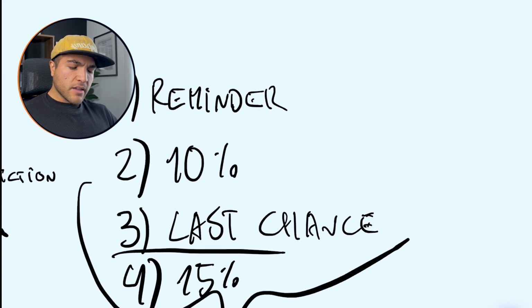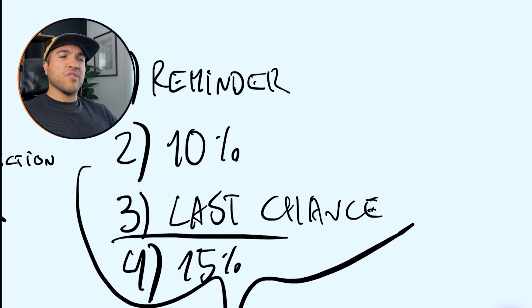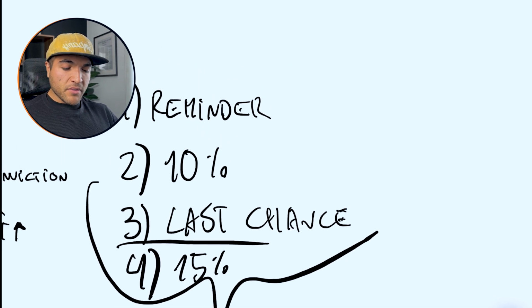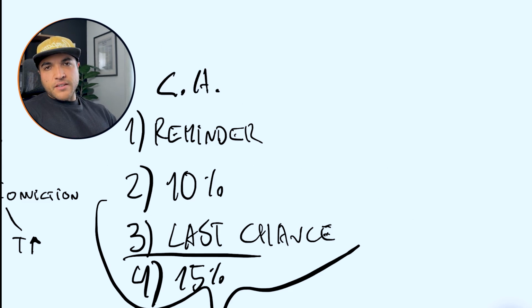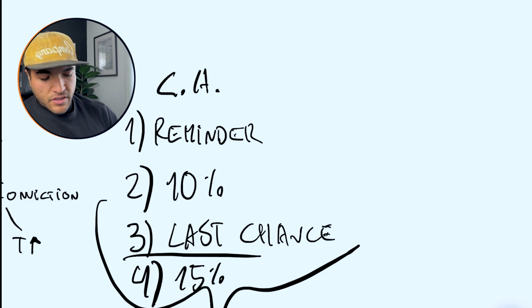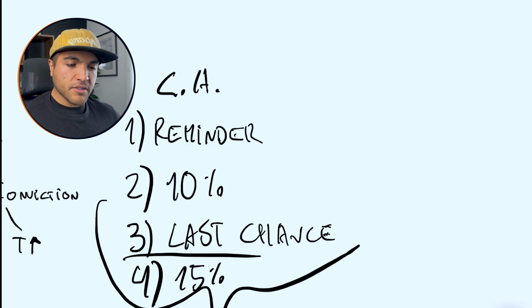And by the way, I get this question a lot from those who are not very technical. If this is a checkout abandonment flow and they buy, they stop receiving every other email, right? If they receive email 1 and buy, then they won't receive any further email. Technical thing, but it just makes sense.